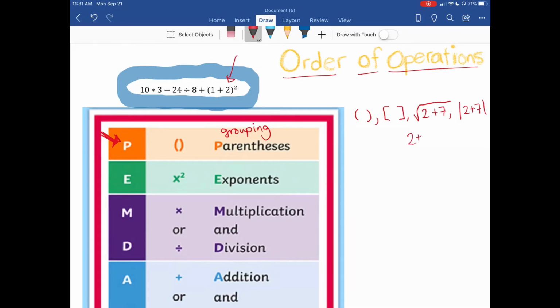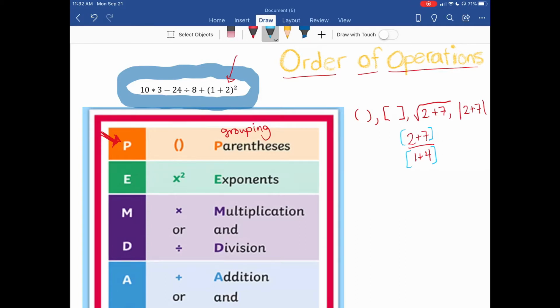And lastly, if I had 2 plus 7, and then all of it is divided by 1 plus 4, then I treat this as one entity, and this as the second entity, and then I would take the ratio of those two numbers. So that would be the first of our operations. First thing we do is the grouping, the parentheses.